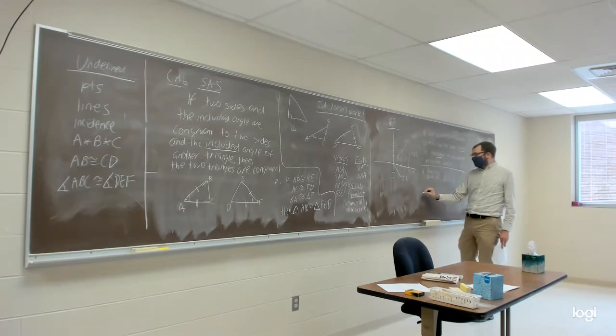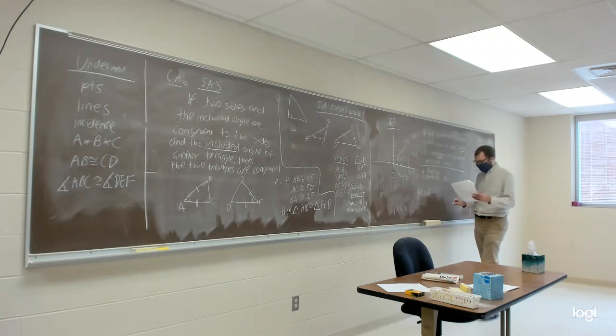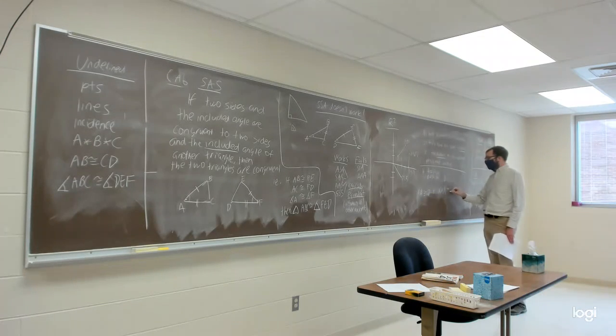Then I claim we can say that segment AB is congruent to segment CD if the straight line distance from A to B is equal to the straight line distance from C to D.